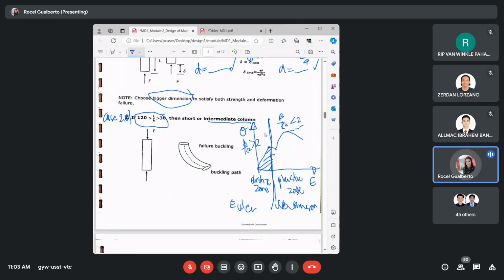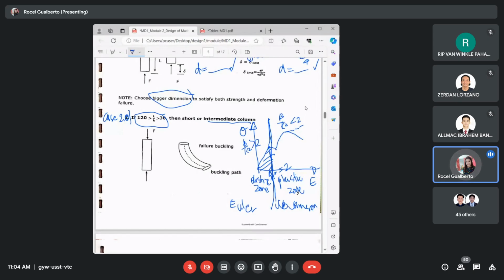This line po, your B over K squared, yan po yung equal sa 2. So, ibig sabihin, kapag po na dito yung linya natin, you can categorize this as either elastic or plastic. So, preference mo na po yun kung alin po yung gagamitin po natin. Since, yun po yung ating pinaghatian. Okay? Nagkakaintindihan po ba tayo?